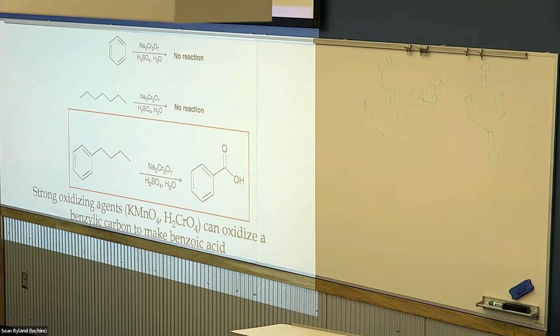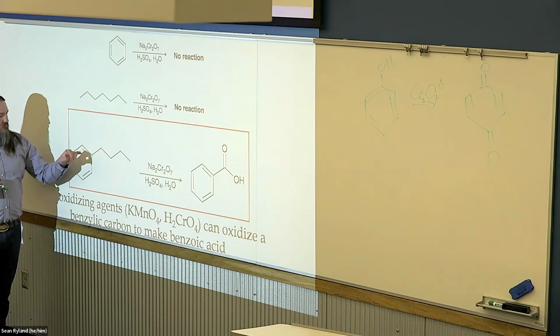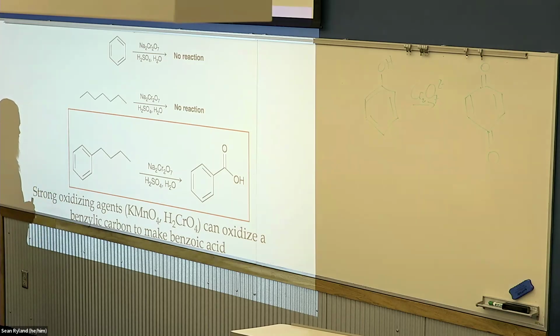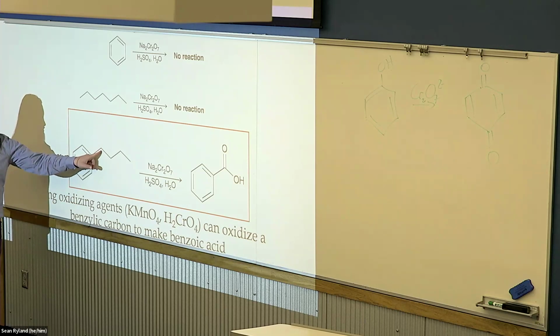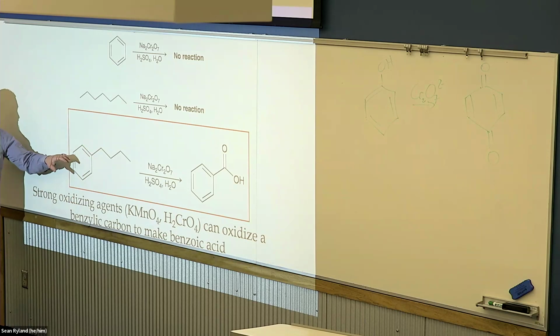So anytime you've got a carbon adjacent to a benzene ring, you're going to see this happen. It's the resonance of the benzene ring. We want to be careful with the term tertiary, because these benzylic or phenyl carbons are really their own thing.